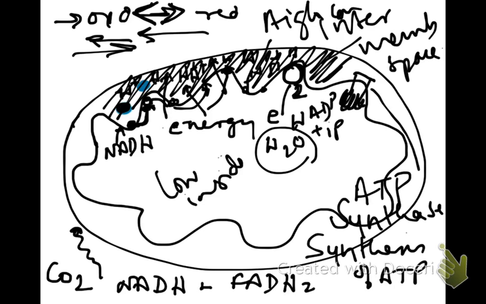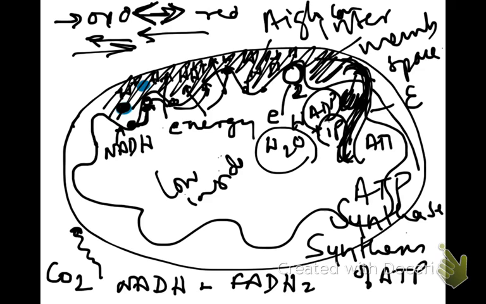So what now? All of these protons try to find their way back inside. They flow down, they come gushing down inside, and this creates energy. And with that energy, they are able to convert ADP and inorganic phosphate to ATP, and I get ATP. This process is called chemiosmosis.